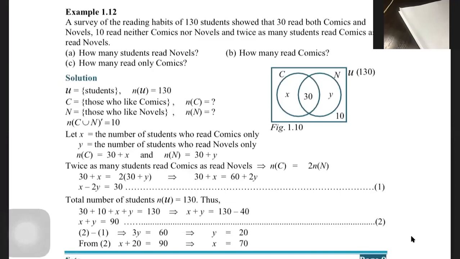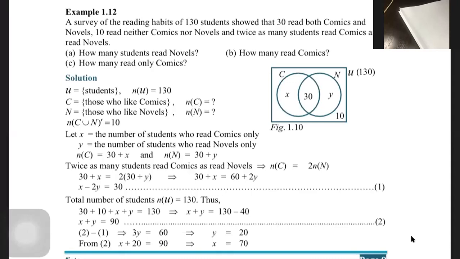I don't know if you understand that statement over there. Twice as many students read comics as read novels. So it means that the number of students that read comics is 2 times the novel.